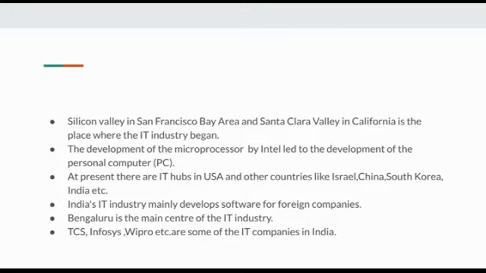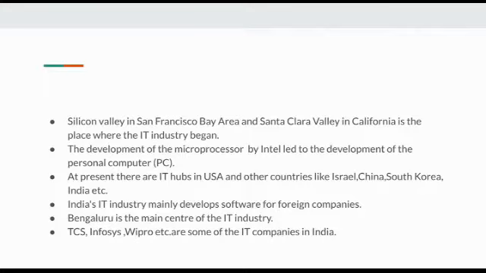The industry thrives in India because of a large supply of trained manpower, and Indian companies can develop software at a much lower cost. We are giving manpower to other countries and also developing software at a lower cost.